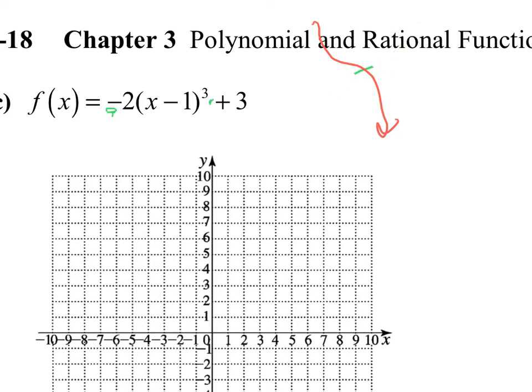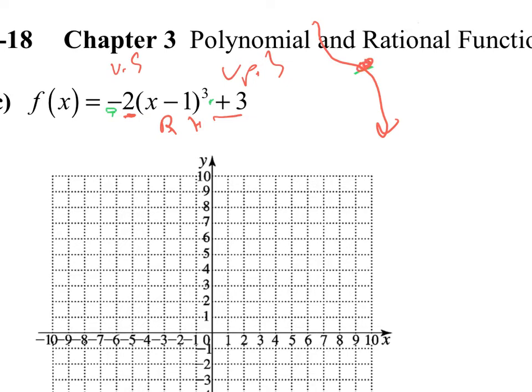And then what else do I notice? Up 3, right 1. You see that? Right 1, up 3, and there's a 2. That means it got a vertical stretch. So I'm going to take this point.